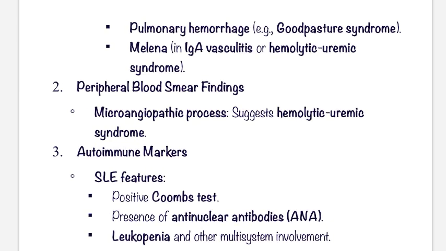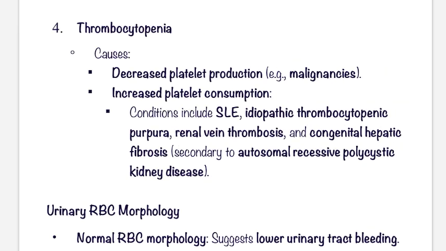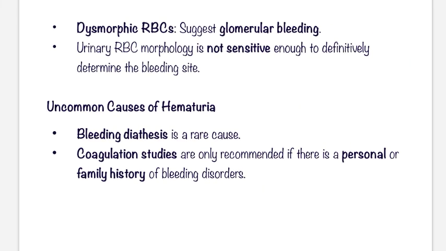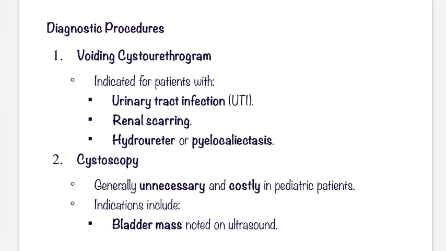So these are the causes of anemia in the setting of hematuria. Okay, on PBF you will find a microangiopathic process like in HUS, and autoimmune markers you may be able to see. Thrombocytopenia is due to malignancies and increased platelet consumption in various disorders. Okay, so for uncommon causes of hematuria like bleeding diathesis, coagulation studies are there.